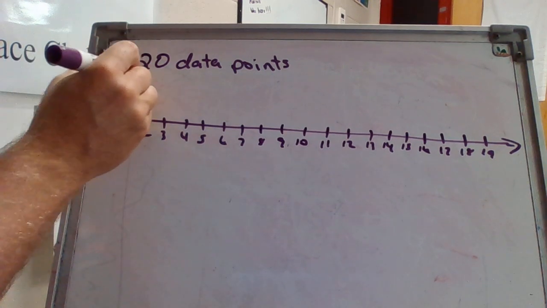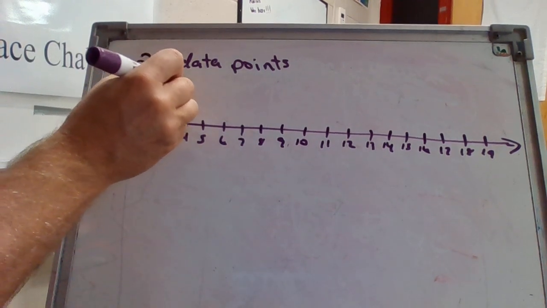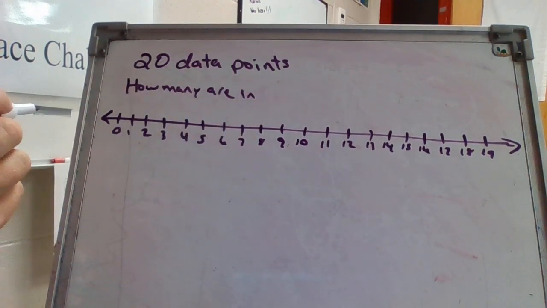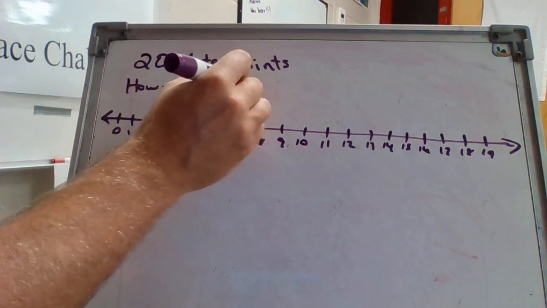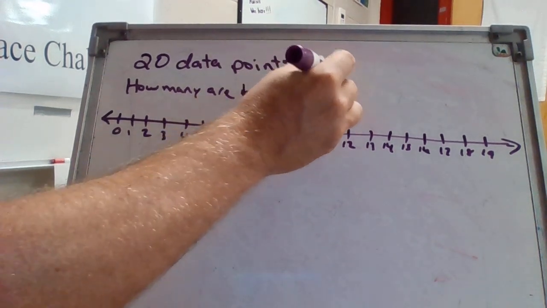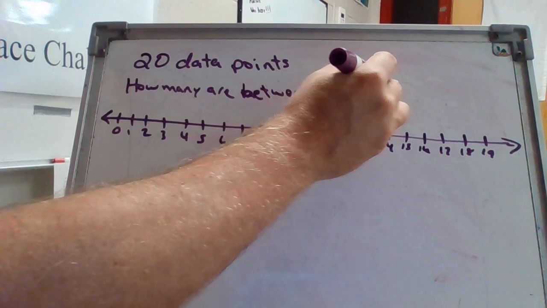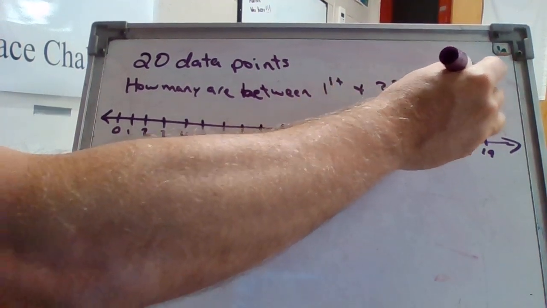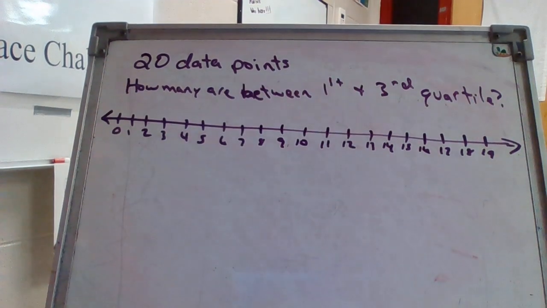So it says how many are between the first and third quartile. Everything is based on quartiles here.